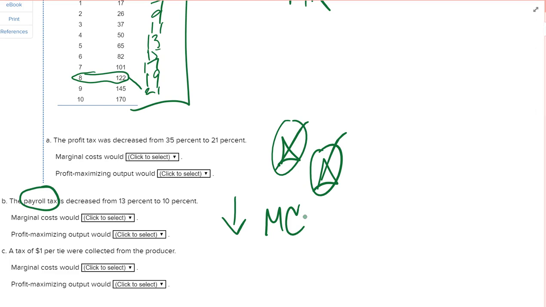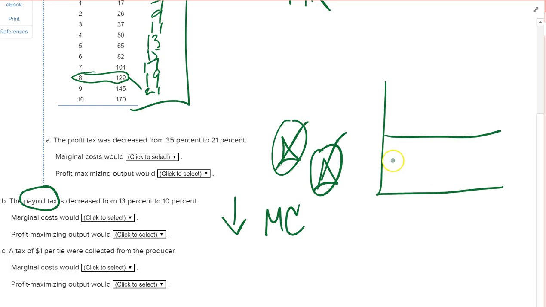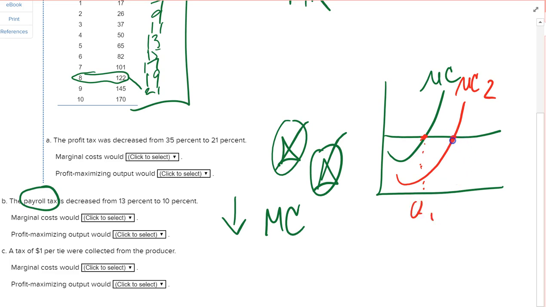And what's that going to mean for profit maximizing output? Again, draw the picture if you're not sure what that looks like. Here's the marginal revenue. Here's marginal cost 1. Here's marginal cost 2. It lowers it. So what happens to the profit maximizing output? Well, here's the original. And then with the cost lowered, we can see that the profit maximizing output increases.